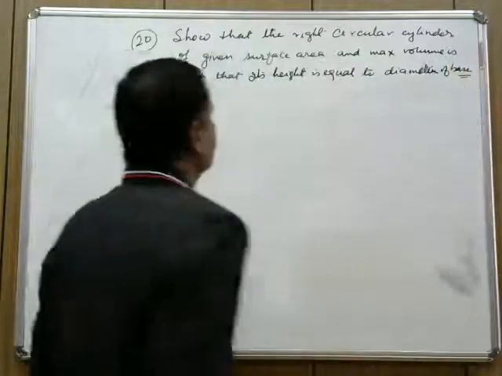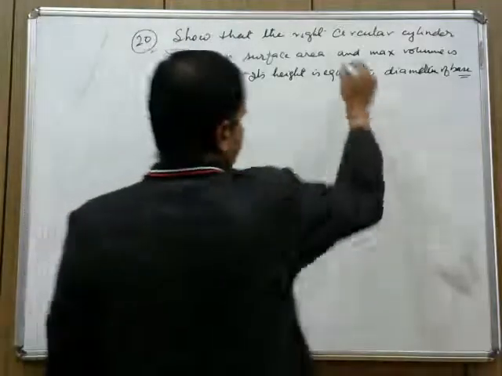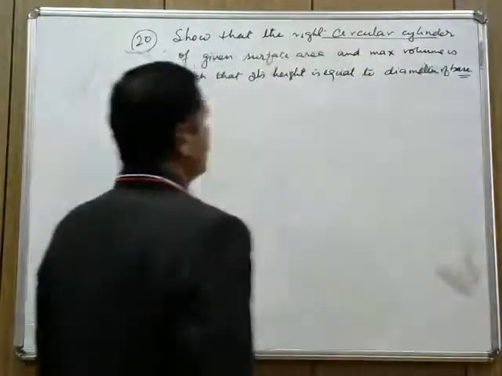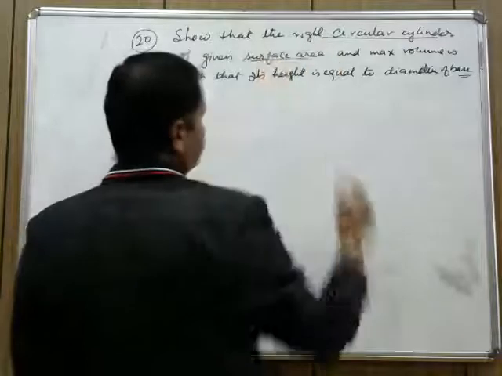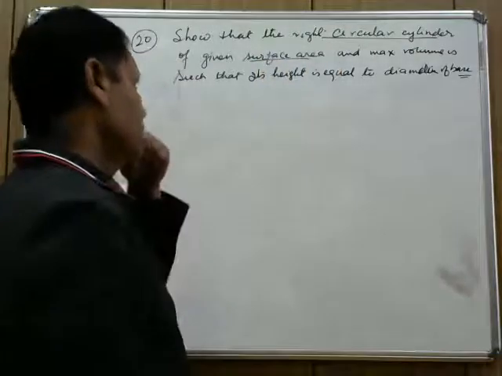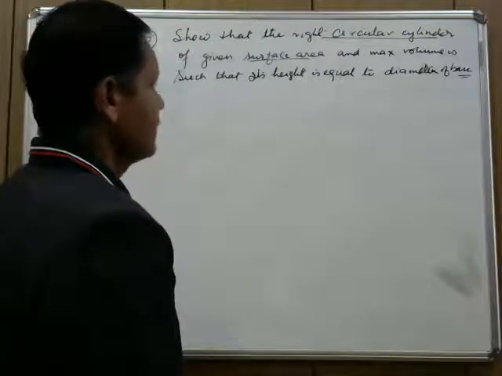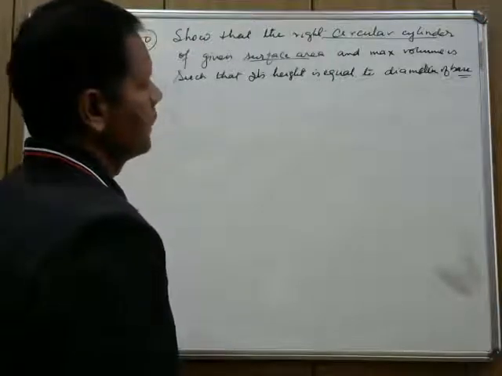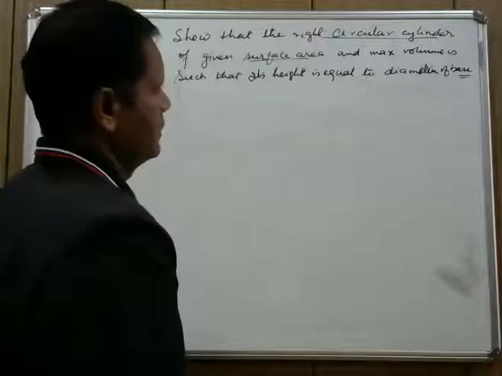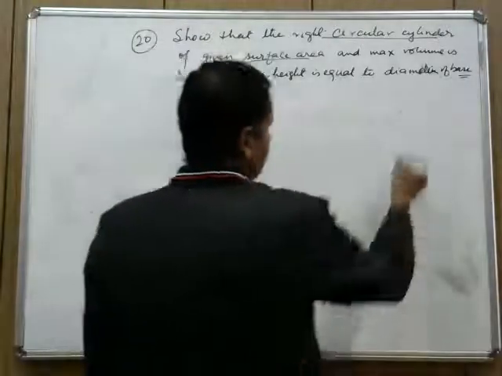See now, the right circular cylinder of a given surface area and maximum volume is such that its height is equal to the diameter of base. Right circular cylinder.